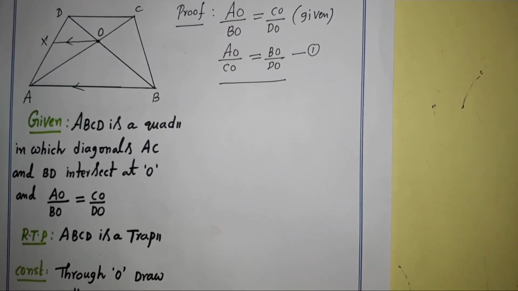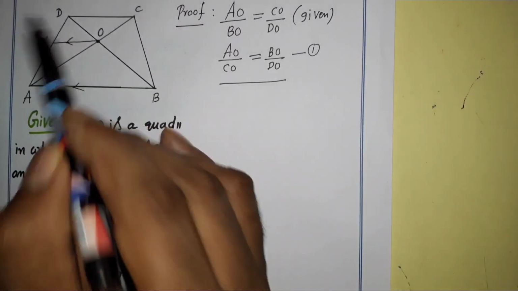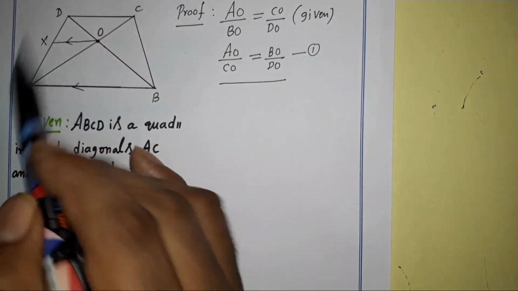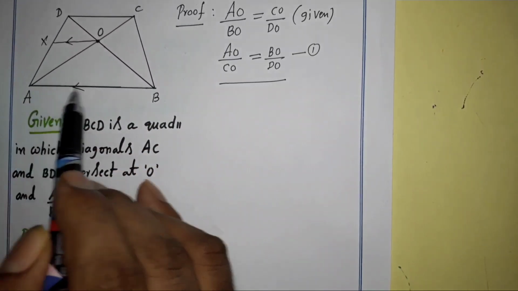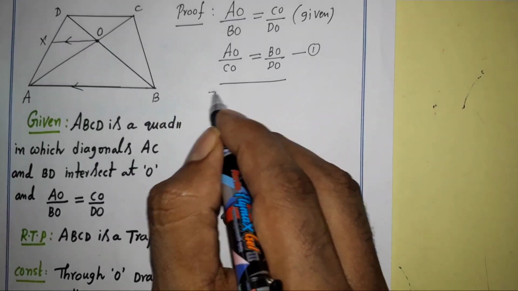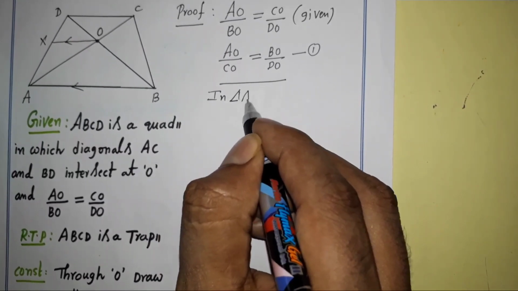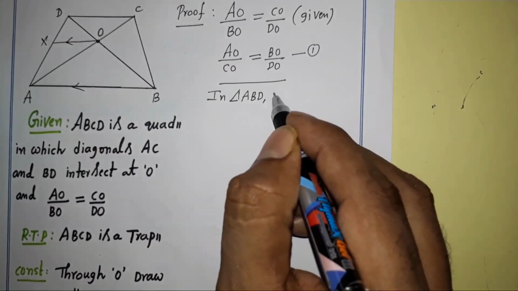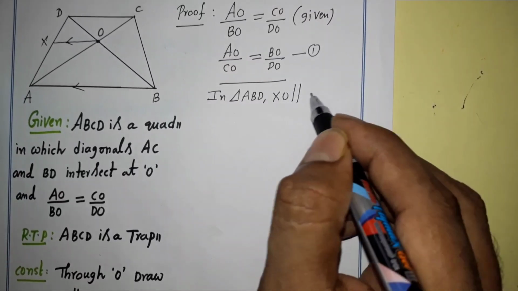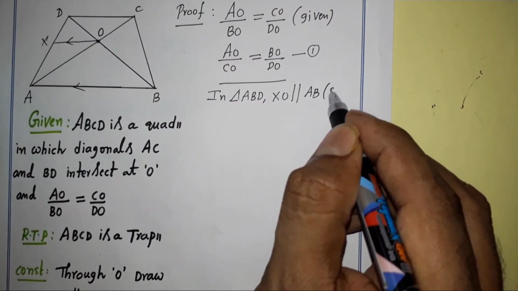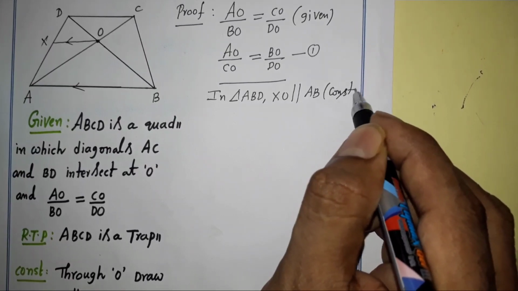Now consider the triangle ABD. In triangle ABD, XO or OX is parallel to AB. That is from construction.